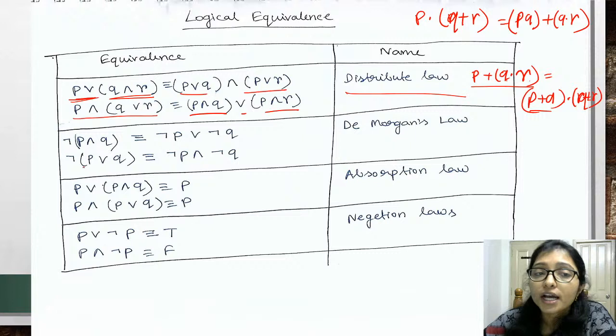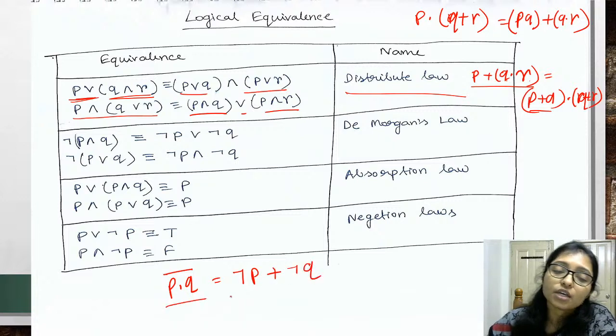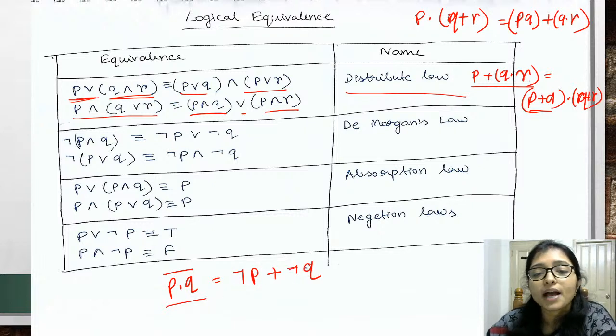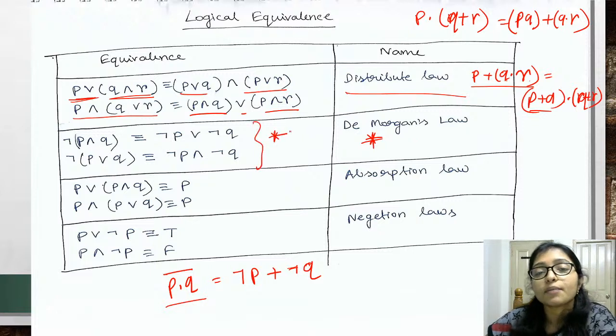Now De Morgan's law. De Morgan's law is when there is a bar, that is P dot Q bar equals not P plus not Q. This is very, very important. Try to remember this De Morgan's law. This is very, very important for propositional logic and for digital logic both. Right?